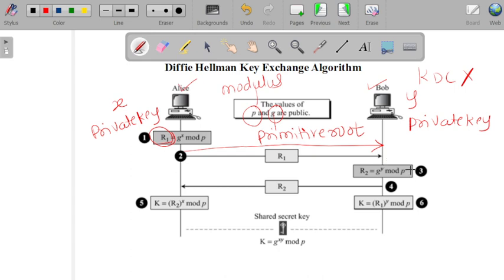In the next step, Bob calculates G raised to Y, that is the primitive root raised to the private key of Bob, mod P. Based on that formula, they get the value of R2. So R1 and R2 are the public keys of Alice and Bob. R1 is the public key of Alice and R2 is the public key of Bob.